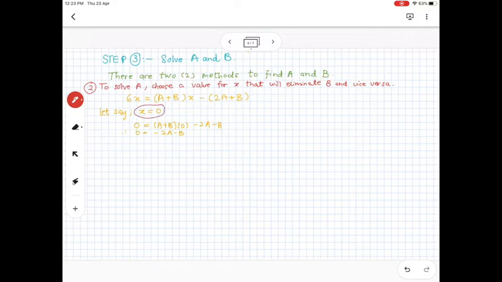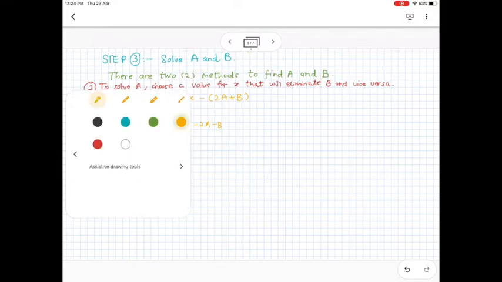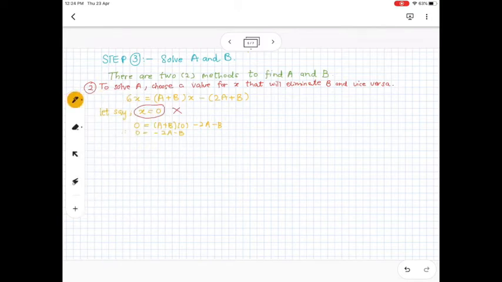You will be stuck with that, so it means x equals 0 is not the appropriate value, so we cannot use it. So now we use x equals 1. What will happen? 6 times 1, and then a plus b times 1 minus 2a minus b.